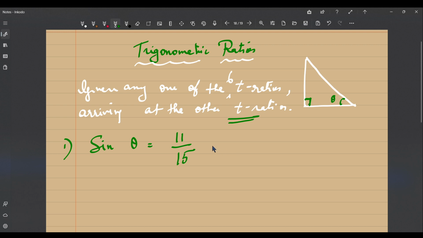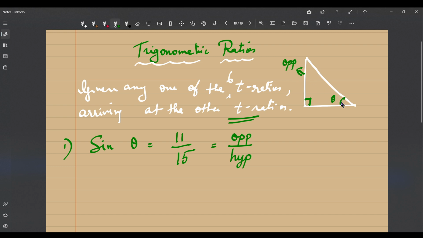So, what is sine theta? We had seen that sine theta was a ratio of the opposite side by the hypotenuse. So, which is the opposite side here with respect to theta? This side is going to be our opposite side, because we will have to take theta as reference.